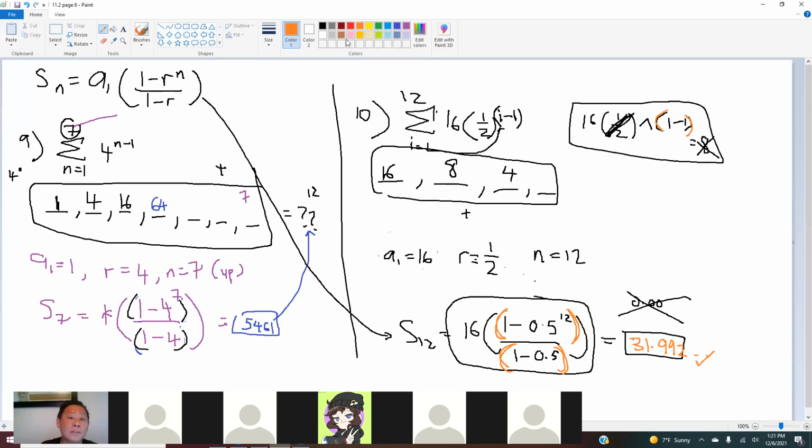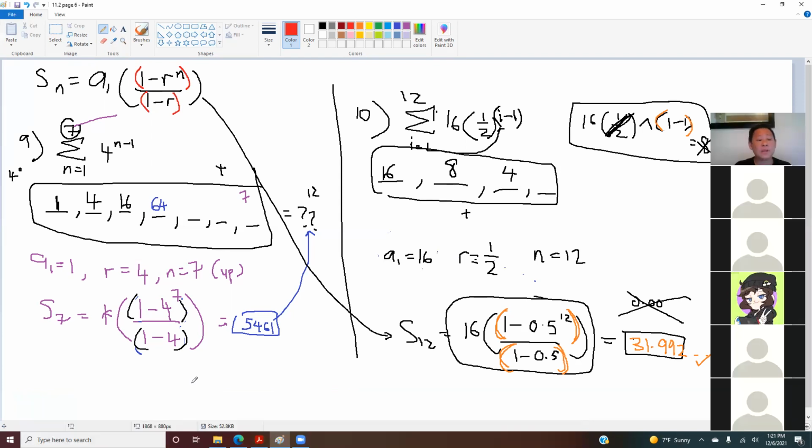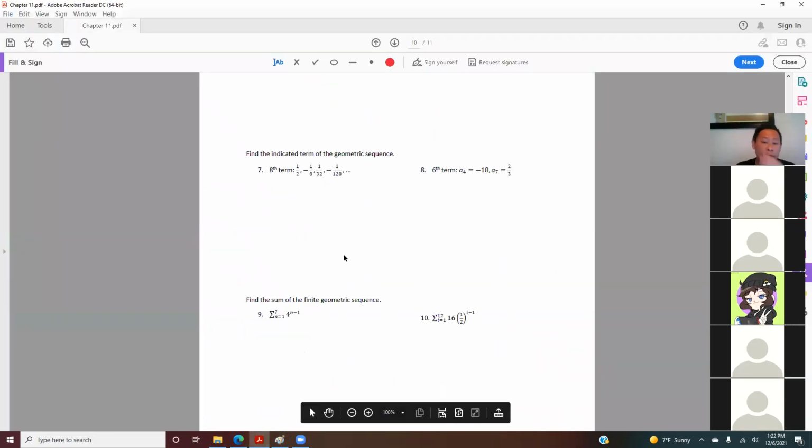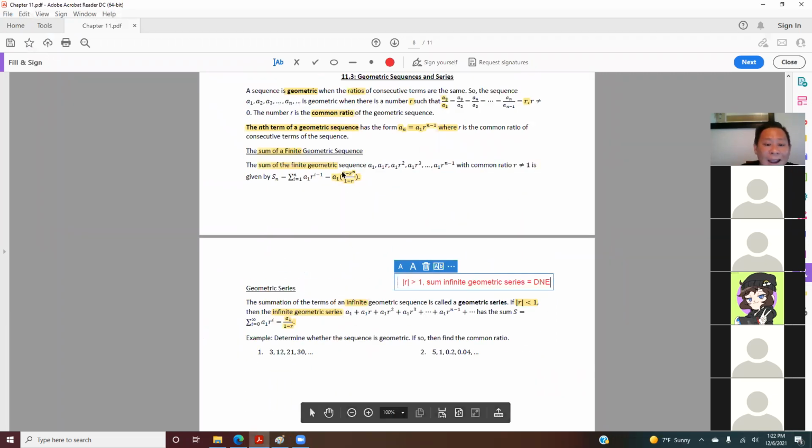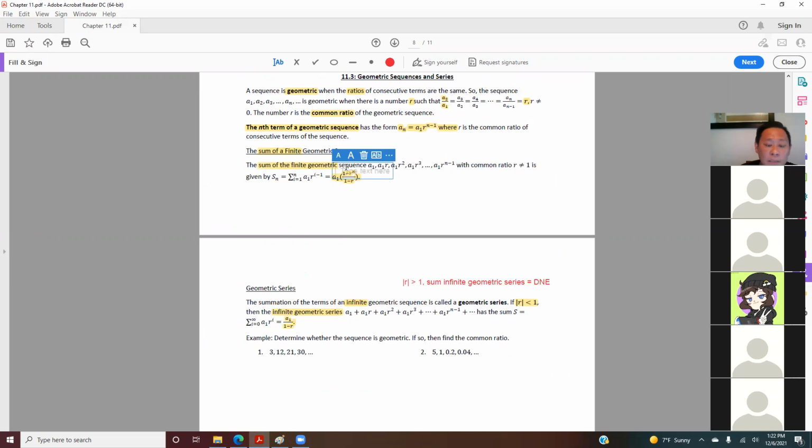I want you guys to look at this formula and then please put a parenthesis on here for your calculator purposes. Okay, so same thing happens in your notes here. So when you do this, I recommend you give an extra parenthesis here and a parenthesis here.